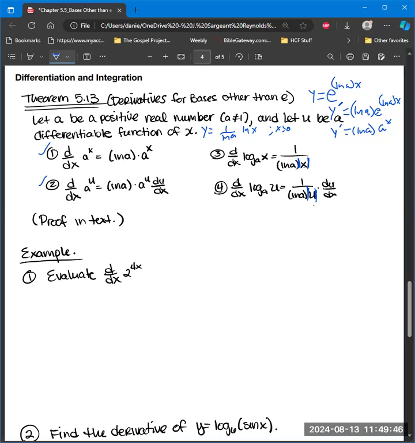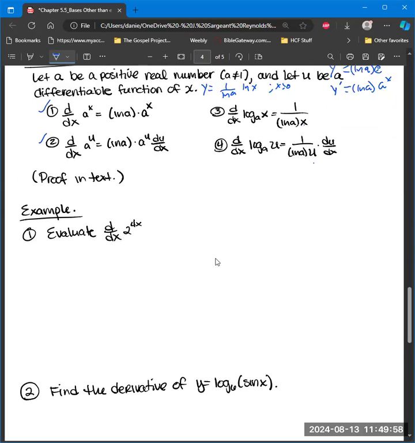All right, let's go ahead and evaluate the derivative with respect to x of 2 to the 4x. So we're in this situation right here where we have an a to the u.